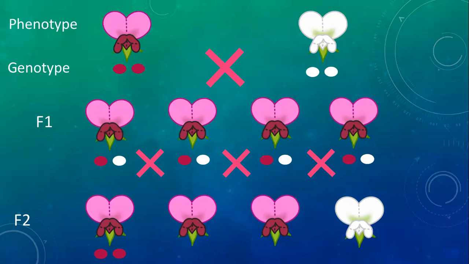If you choose one red from the one parent and a white from the other, you get red-white. And vice versa, if you get white from the one parent, red from the other, you get white-red. But in both cases, no matter if it's red-white or white-red, you have the red flower color. But only if you choose the white allele from the one parent and the white allele from the other parent, you get white-white and a white flower.